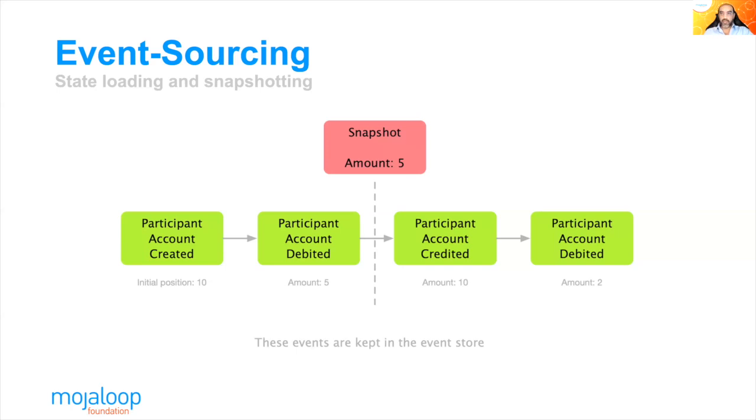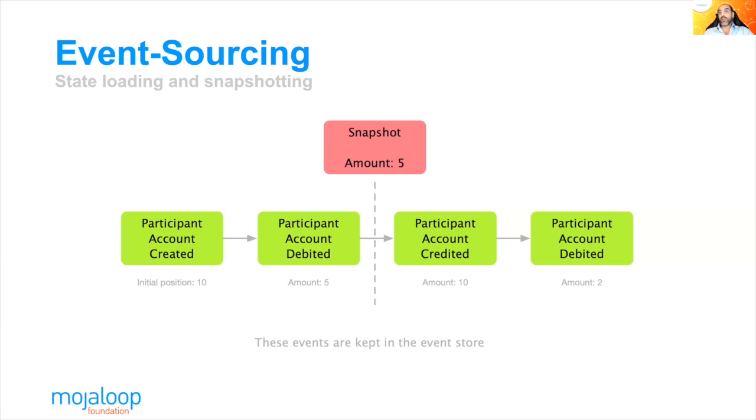But there's a better way. Snapshotting alleviates this problem greatly. A snapshot, as the name implies, is a special type of event that has all the state of the entity at that moment, along with a map of the last event that made it into it.